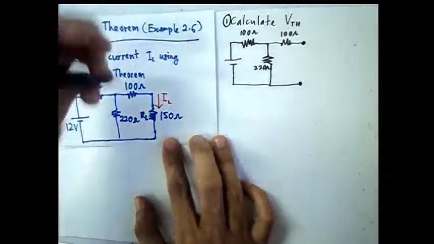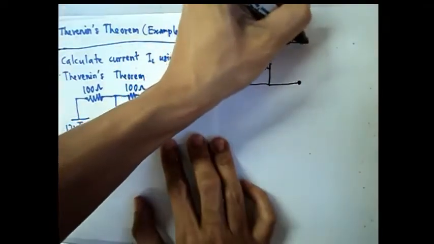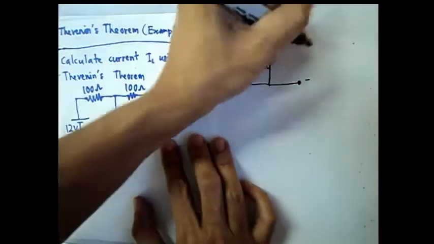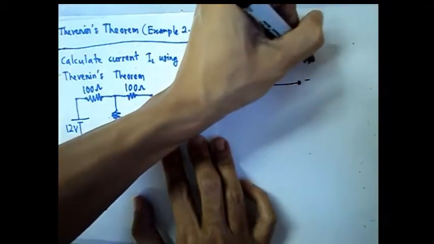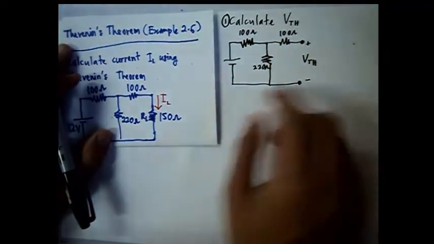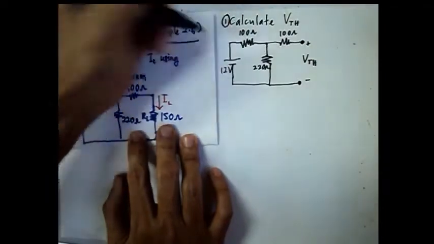So your VTH is the open circuit terminal voltage here, that is the voltage drop across these two open circuit terminals. Here we have 12 volt.